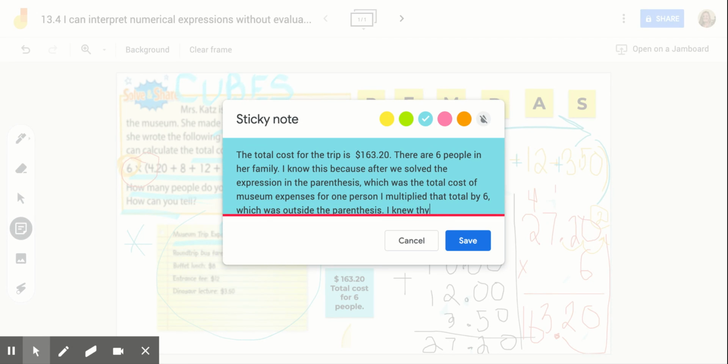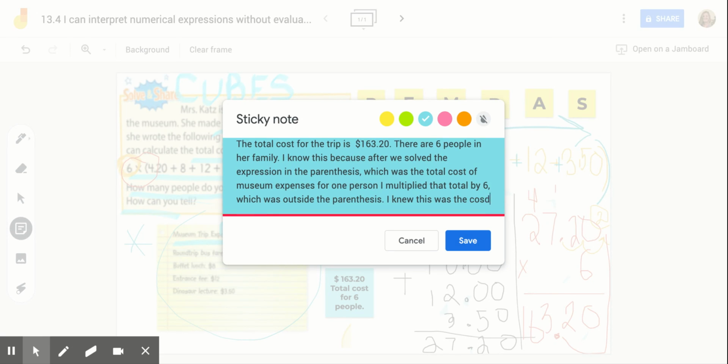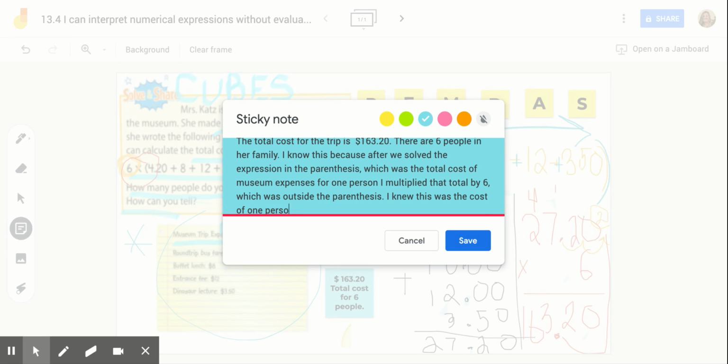I knew this was the cost, oh my goodness, of one person because it said it on my chart.